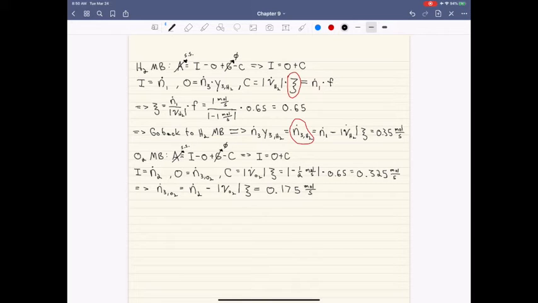Let's now complete the material balance for our last species, the water. We once again start with that general equation. Alright, the system's still steady state, so that's 0.